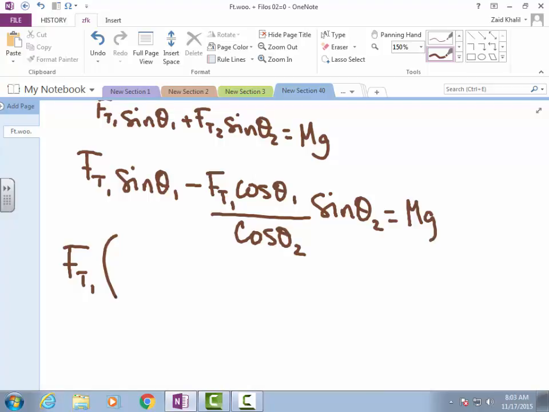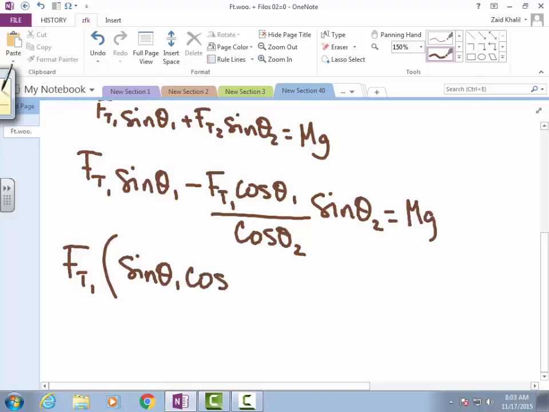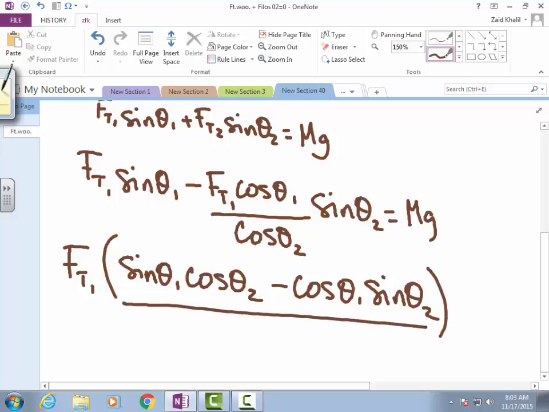So that becomes sine of theta 1 cosine of theta 2 minus cosine of theta 1 sine of theta 2, all divided by, what was the common denominator? Cosine of theta 2 equals mg.